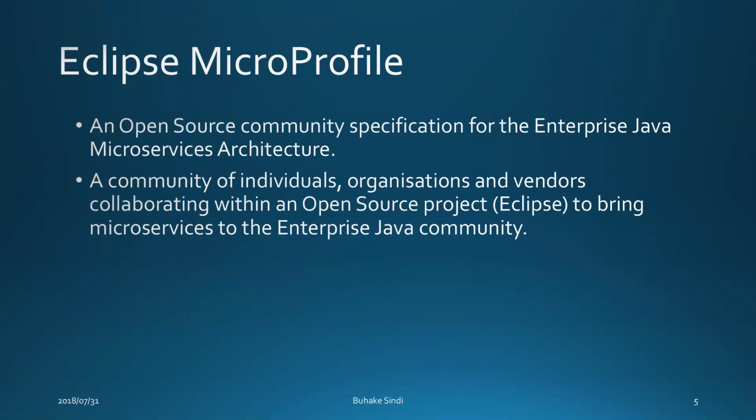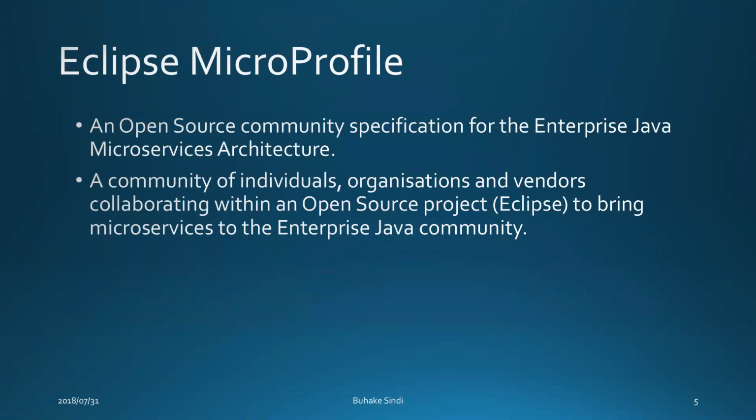Over the years, various people came up with ideas to create microservices using Java EE, but they didn't want a lot of these specifications and APIs built in. So a couple of years ago, around 2016, the MicroProfile community started. It is a collaboration between individuals, organizations, and vendors.